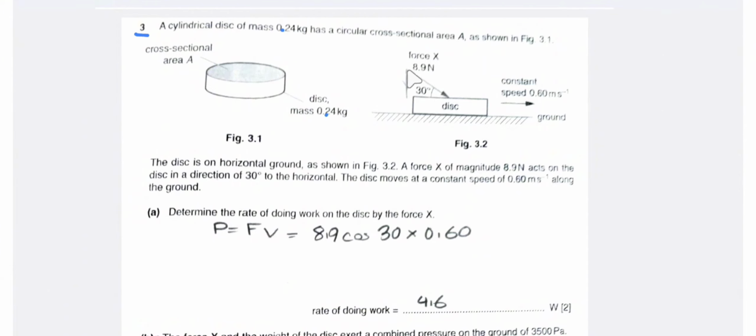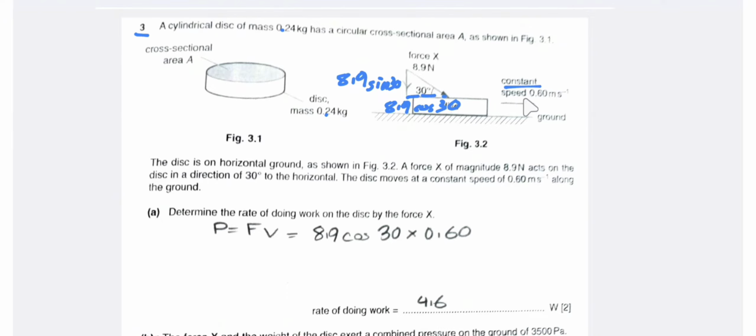For this force, we need to find the horizontal and the vertical component. The horizontal component is 8.9 cos 30 and the vertical component will be 8.9 sin 30.